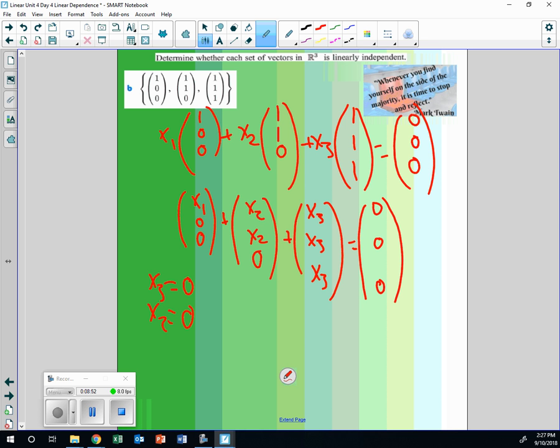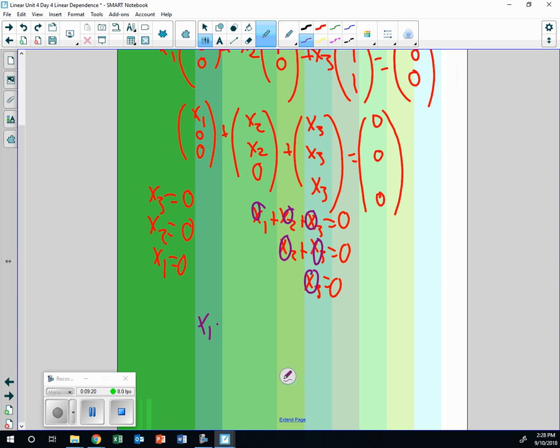If x2 and x3 are 0, what does that mean? x1 equals 0, because x1 plus x2 plus x3 equals 0, and x2 plus x3 equals 0, but we already said x3 was 0, so this cascades into a slurry of zeroness. And so what you can say then is x1 equals x2 equals x3 equals 0.